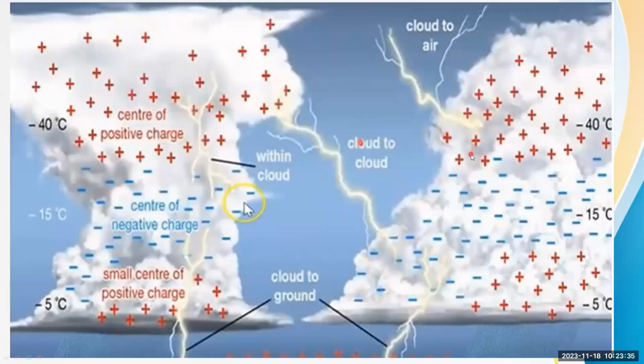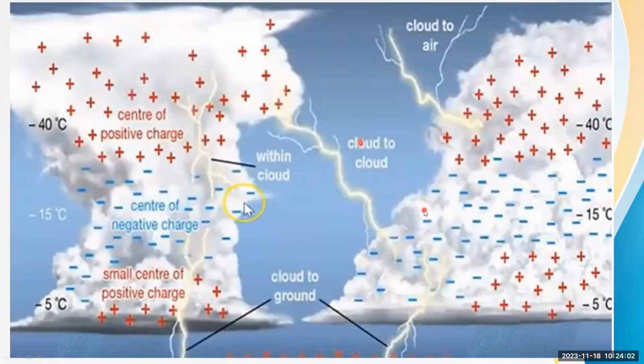The electrode separation, cloud to cloud or cloud to ground, is very large, generally in the range of 10 kilometers. The mechanism of charge formation in clouds and the discharge is a quite complicated and uncertain process. So there are different types of theories based on which we can understand this cloud discharge.